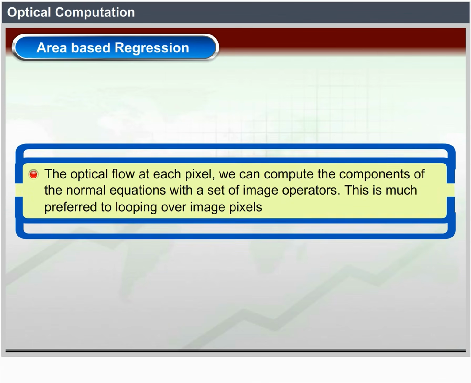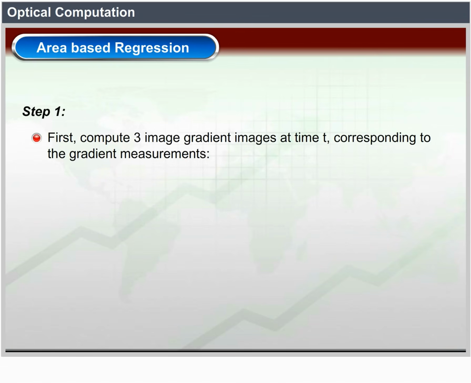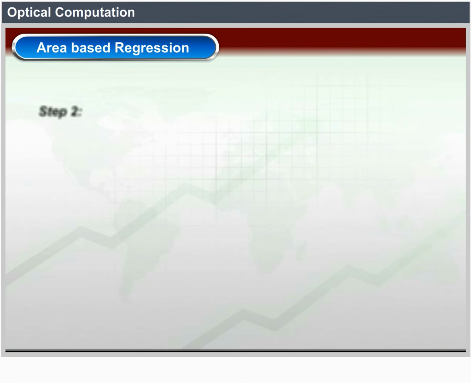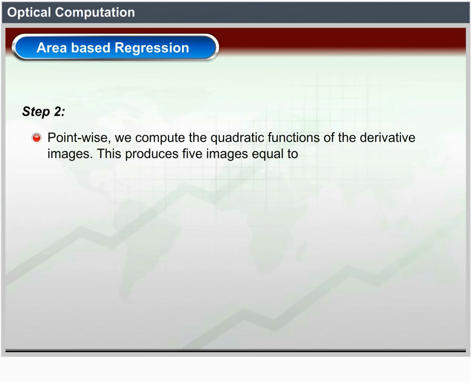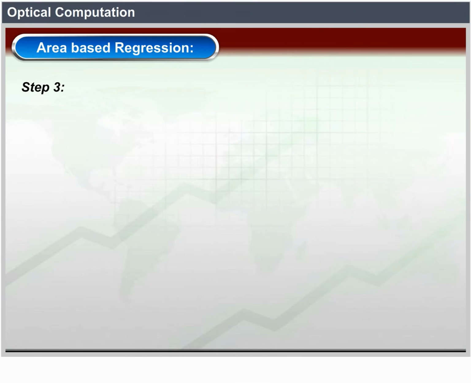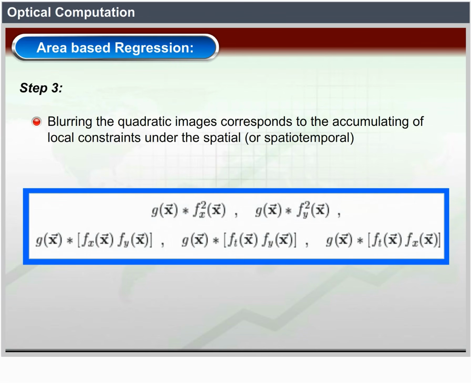Step 1. First compute 3 image gradients at time t corresponding to the gradient measurements. Step 2. Pointwise, we can compute the quadratic functions of the derivative images. This produces 5 images. Step 3. Blurring the quadratic images corresponds to the accumulation of local constraints under the spatial or spatiotemporal window.